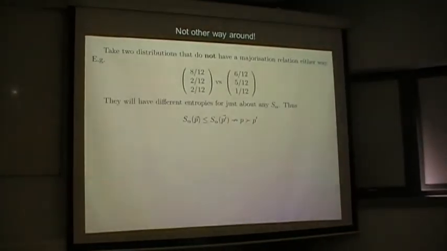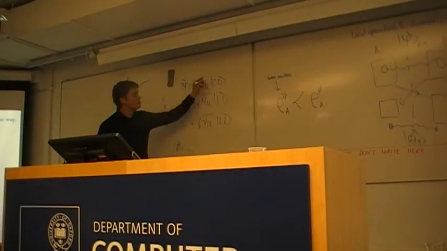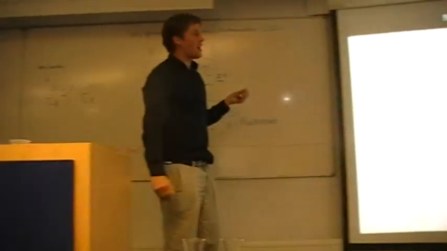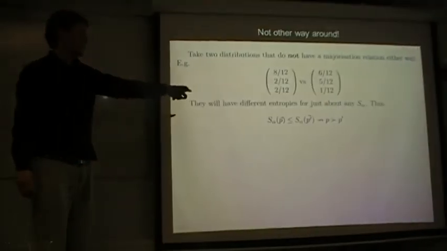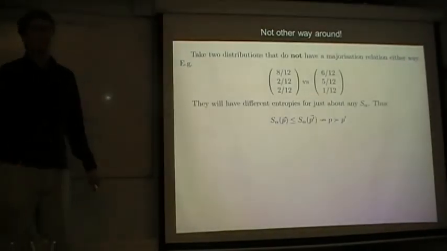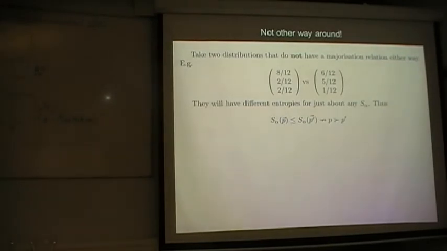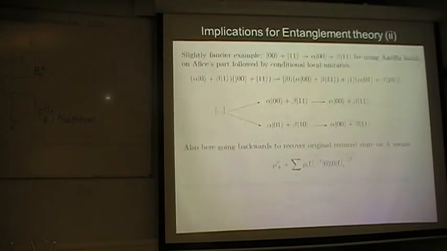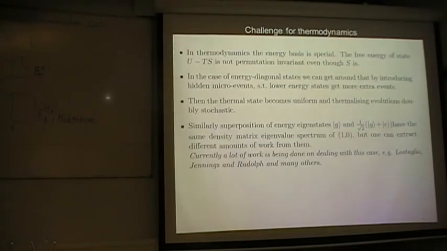Then the phi would be the corresponding one. These guys will not be LOCC convertible, but one of the entropies will be bigger than the other. But then, oh, sorry, wasn't expecting that slide. Good.